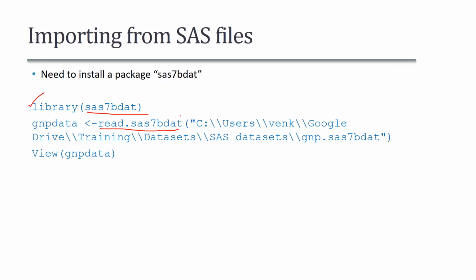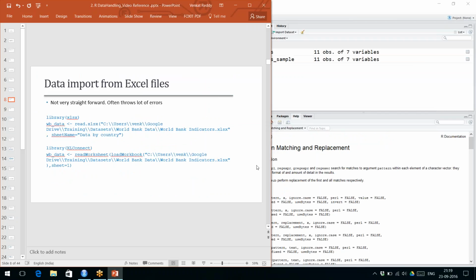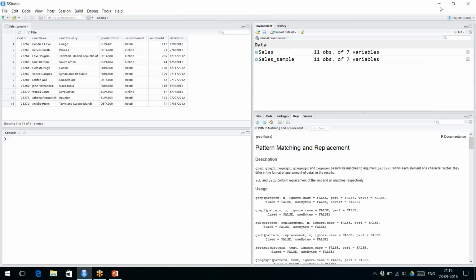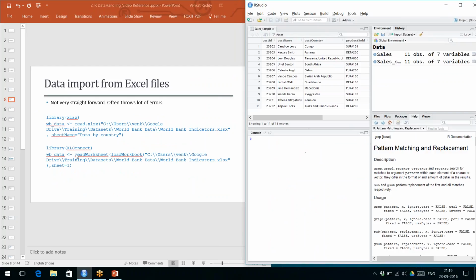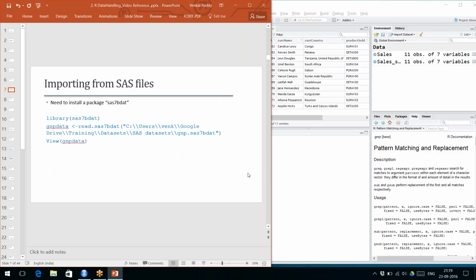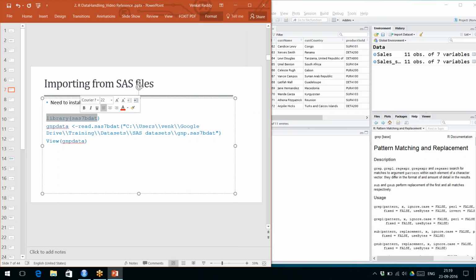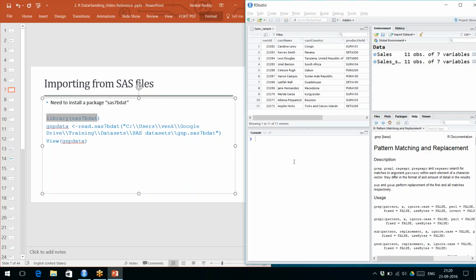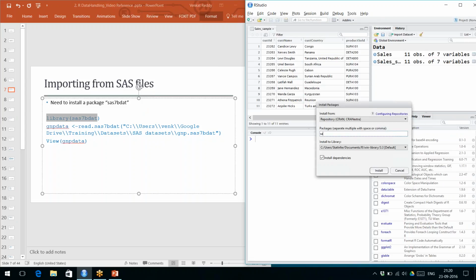I'll show it to you one last time. Installing the package, importing from a SAS file. I need a package called sas7bdat. So first I need to go to packages, install sas7bdat.